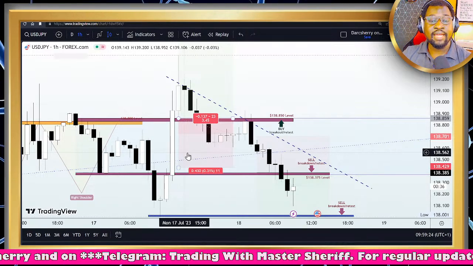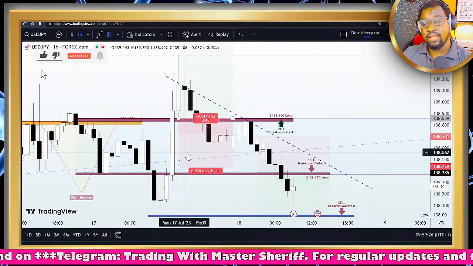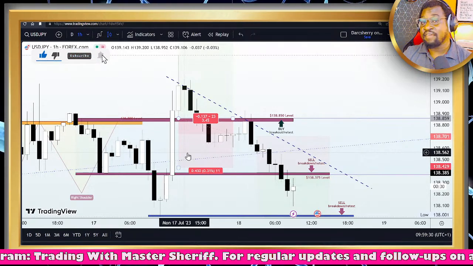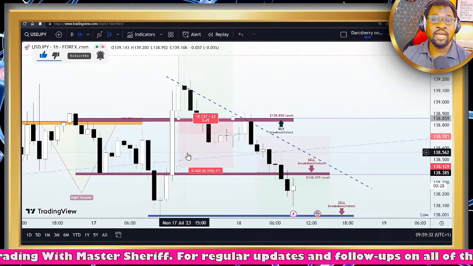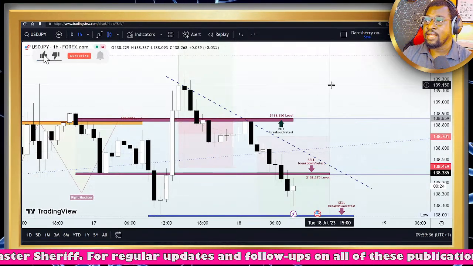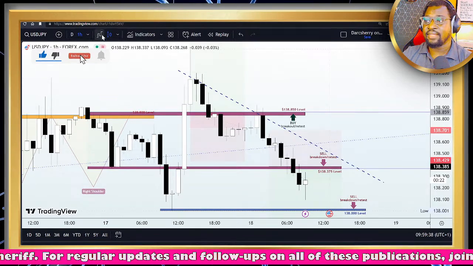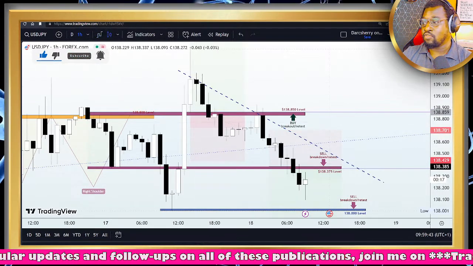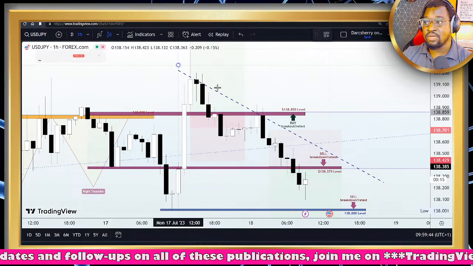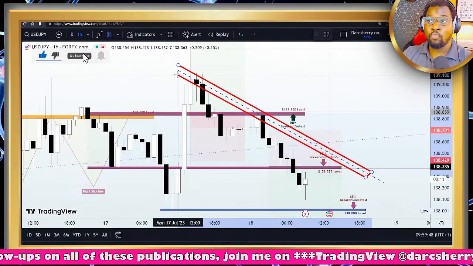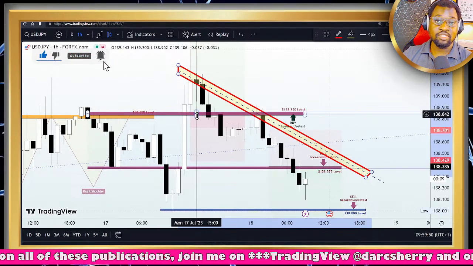And whenever we identify this kind of structure, the next thing we want to be doing is to connect the series of lower highs to have a trend line to use to guide our trading activity. And that was what I did here this morning. So after bringing out my line chart, I saw the lower highs here, connected the series of lower highs, and now we have a beautiful descending trend line, which shall be the basis upon which we shall be trading today.